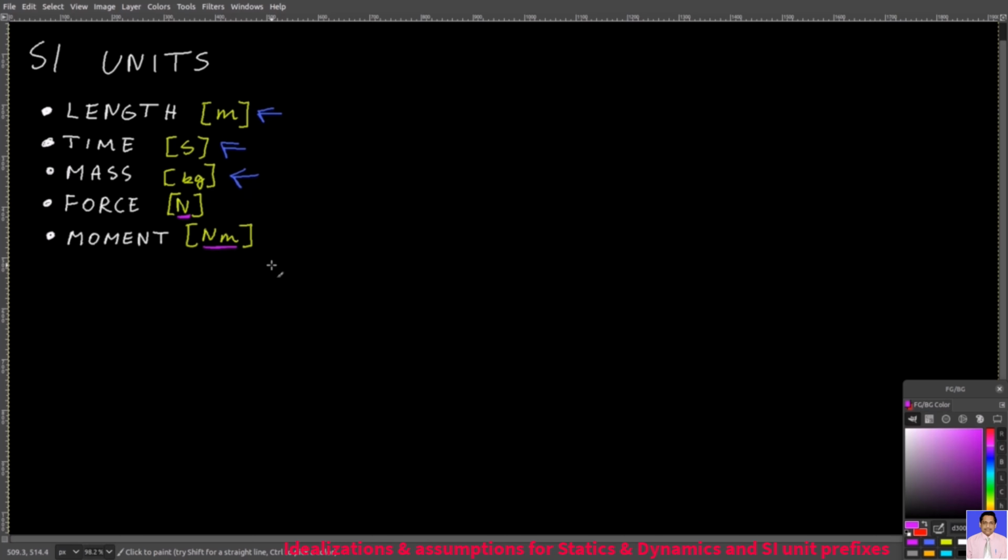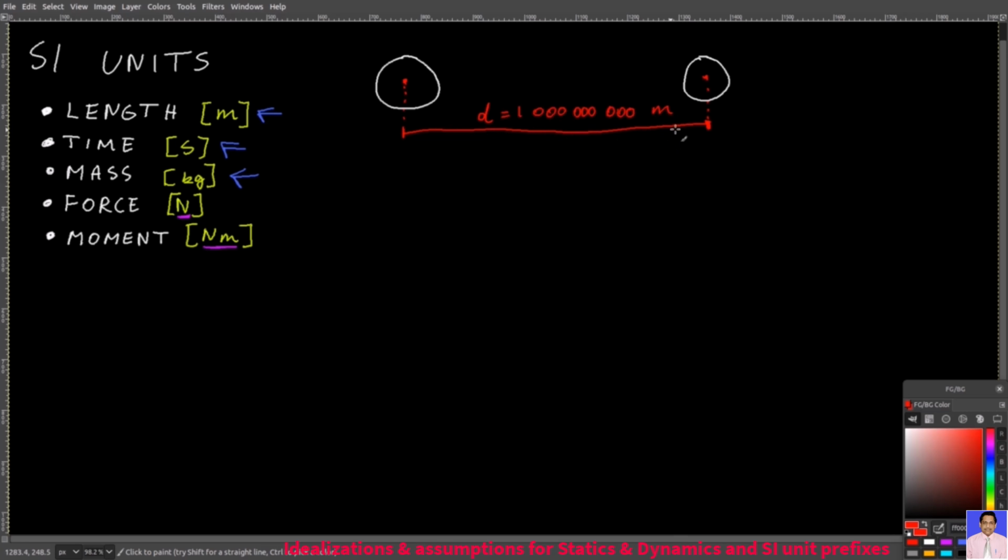However, what if what you're measuring is too big or too small for these units? What if the length of something, let's say the distance between two planets, is 1 billion meters? Would you write it like this?